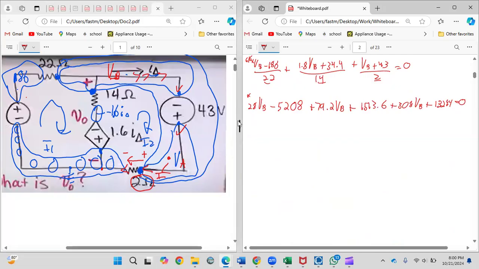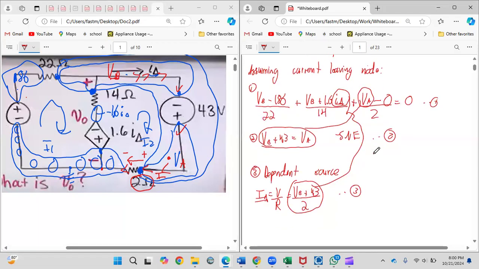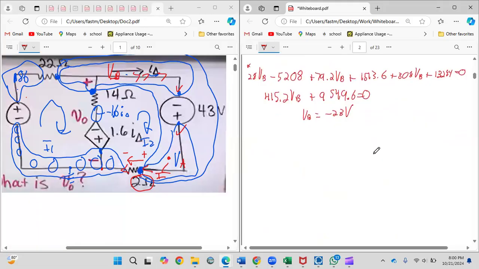So down here now you add up your VBs. So you get 415.2 VB plus 9549 plus 0.6 is equal to 0. And well, at that point, kind of elementary. So again, negative 23 volts. Alright, and if you want what VA was, you have an equation that can give you VA. VA is VB plus 43.